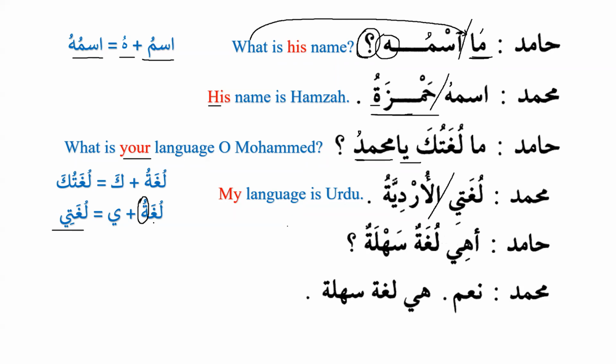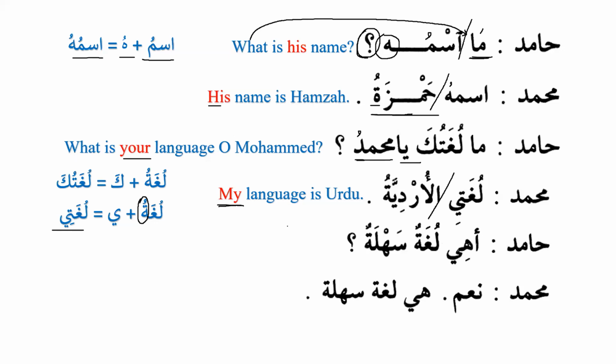When we connect ya with that, it becomes the regular ta. It will not remain as ta marbuta anymore. It becomes lughati. So he says, lughati al-urdiyatu. My language is Urdu. So here we have ya al-mutakallim, as you said.